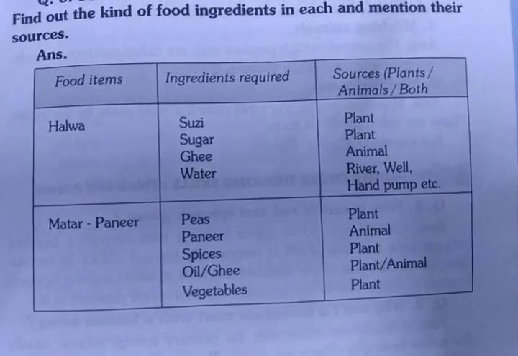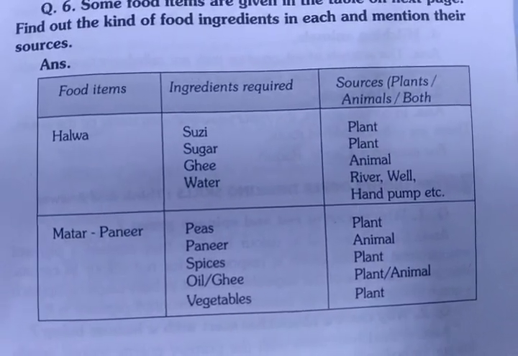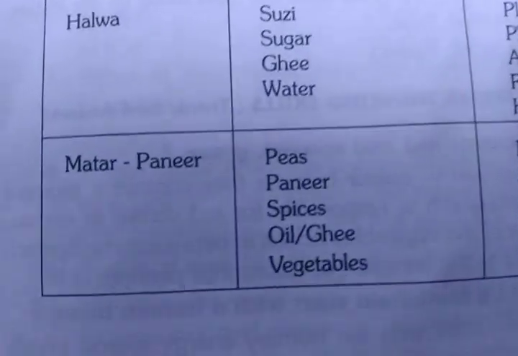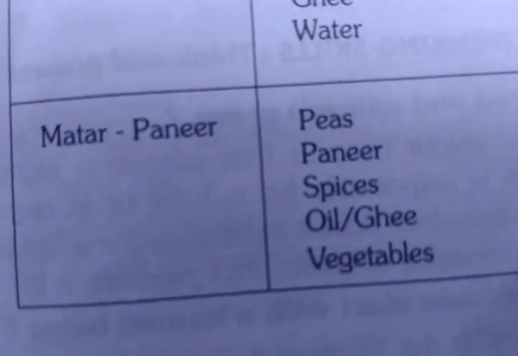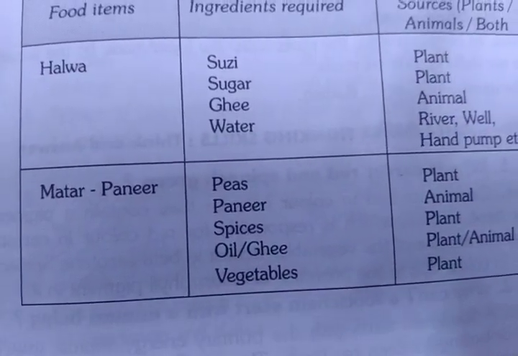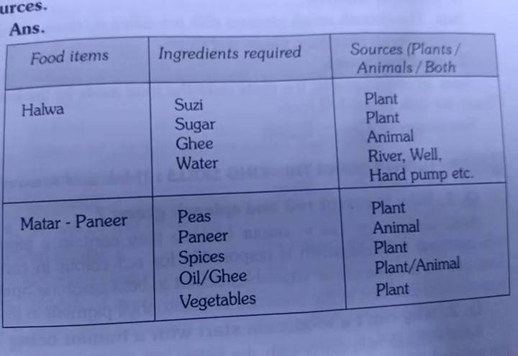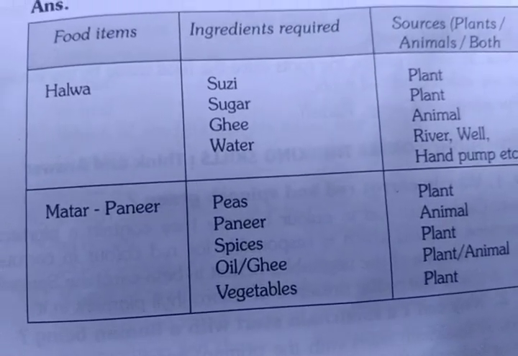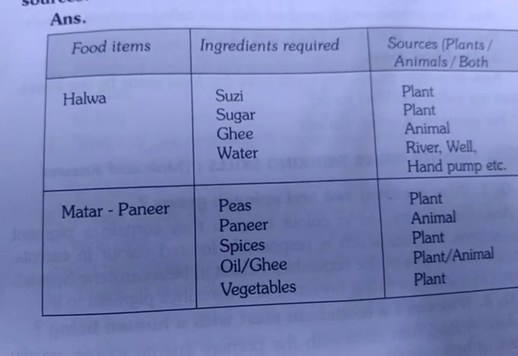What are the sources of suji? Plant. Sugar, plant. Ghee, animals. Water, river, well, handpump. Now let's come towards the matar paneer. How many of you like matar paneer? So do you know what are the ingredients used in matar paneer and what are the sources of the ingredients? See here. Matar paneer is specially prepared with the help of peas, paneer, spices, oil, ghee, vegetables.